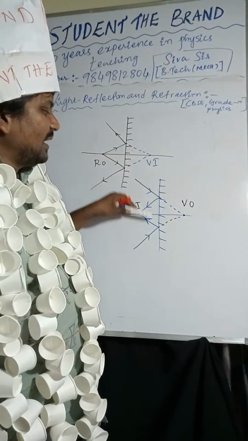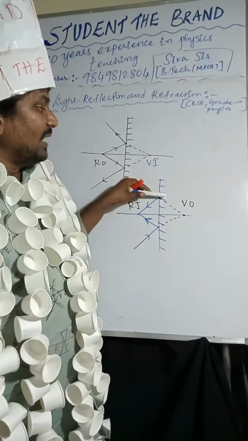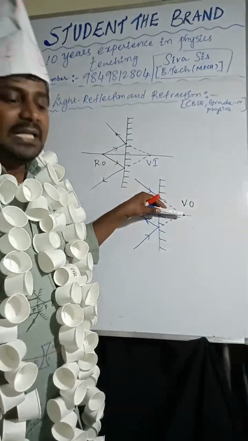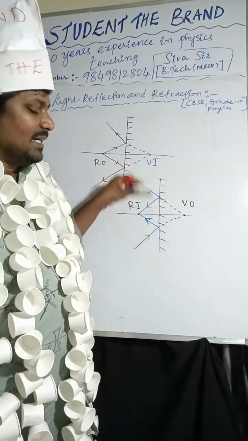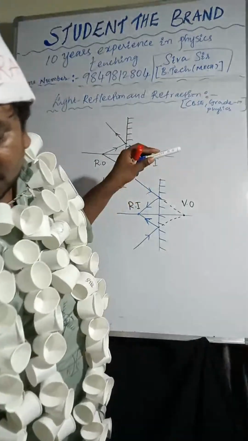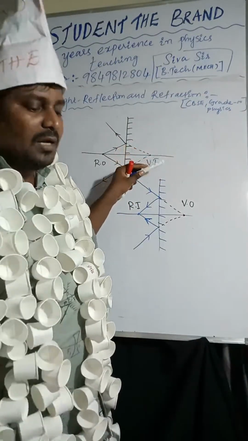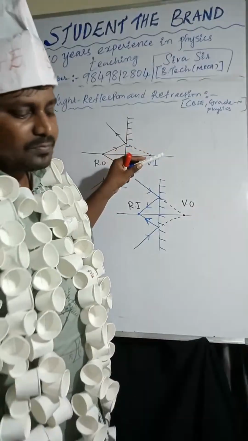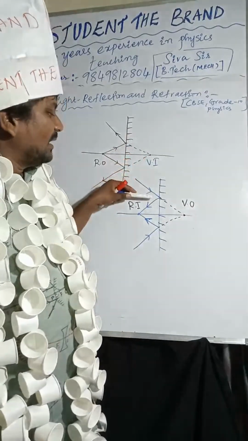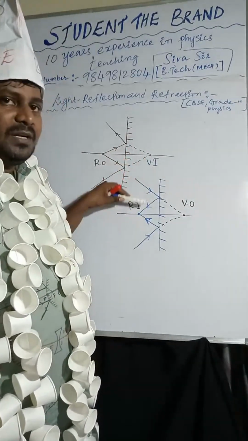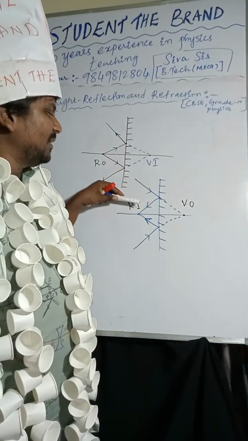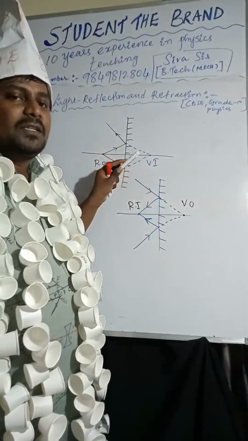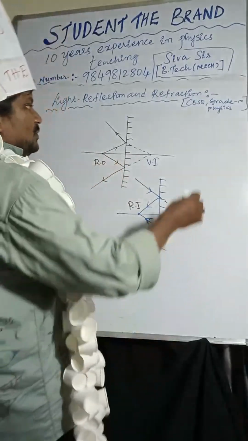If the incident light rays are meeting at one point, that is a virtual object. Here the reflected light rays are directly meeting, that's why it is a real image.